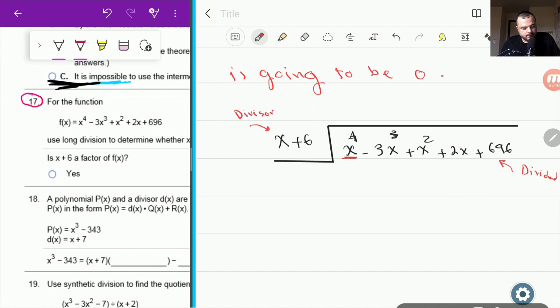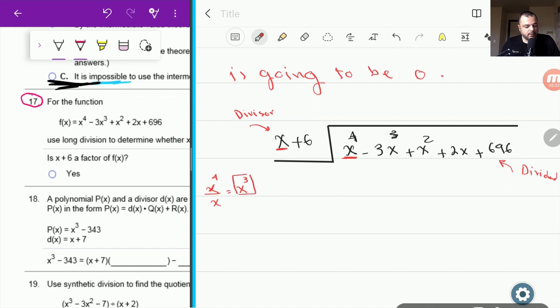Just on the side, I'm going to take the leading term of the dividend, which is x to the power of 4, divided by the leading term of the divisor. So we are going to get x to the power of 3.